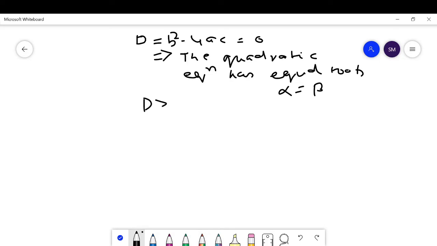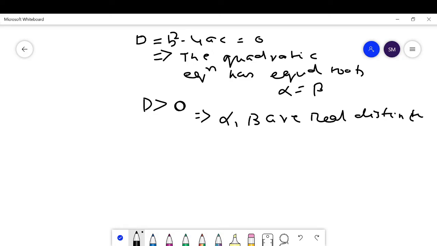When D is greater than 0, this means the roots are real and distinct: alpha and beta are real distinct roots. When D is less than 0, it implies alpha and beta are not real roots.